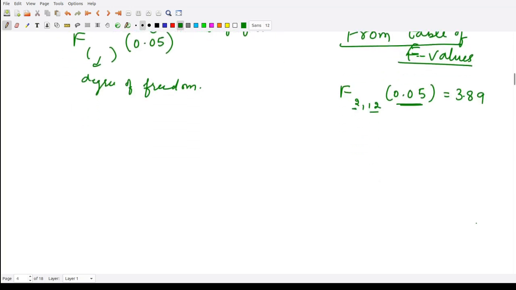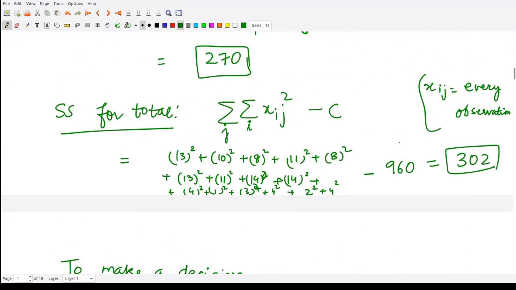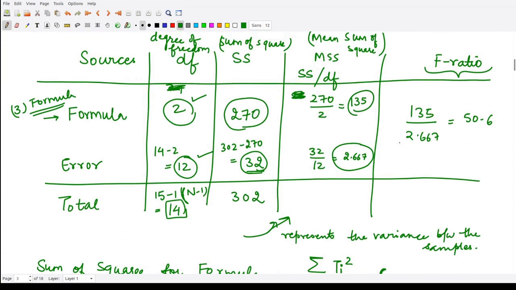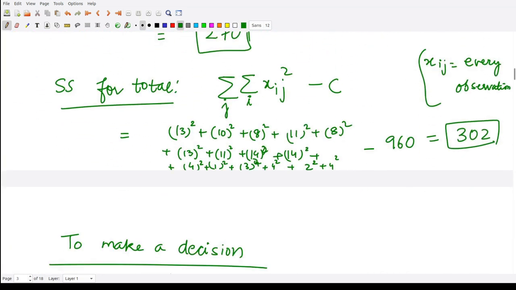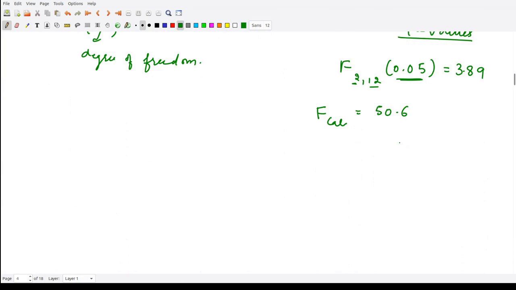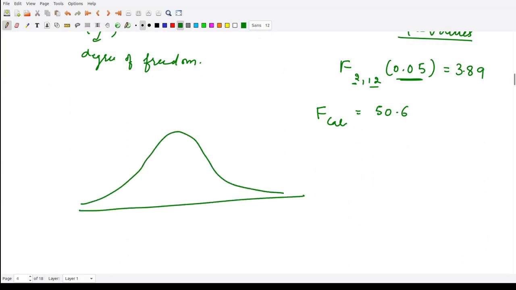And our calculated value, F calculated, is equal to 50.6, right? This we have just calculated in the given table. It is 50.6 F ratio. So that means in order to make a decision, how do we make a decision here? We'll make our distribution like this, the normal distribution. So this is your 0 level, and because at 5% level of significance, this is our critical region.